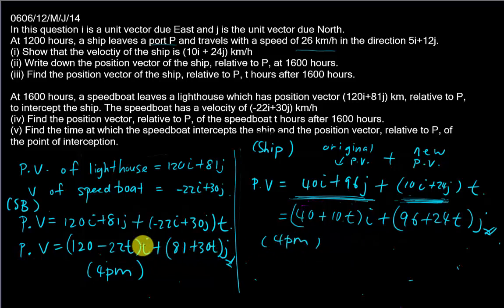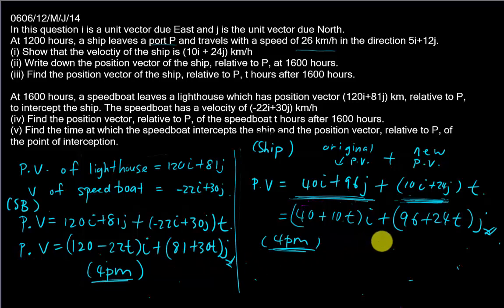If I add 5 hours here, it will be 9 p.m. If I add 10 hours, it will be 2 a.m. Just make sure you understand it starts calculating from 4 p.m. and both will have the same t value.